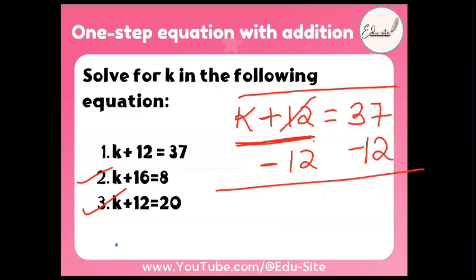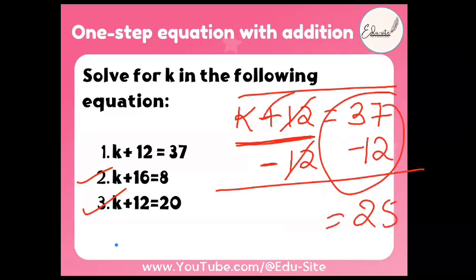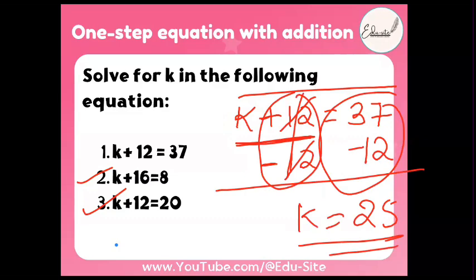Plus 12 and minus 12 cancel out. 37 minus 12 is nothing but 25. You've said it right. What's left here? There's nothing left, so it is just k is equal to 25. This is the procedure to solve it. It should be step by step so that it gets easier. You cannot directly go and solve 37 minus 12 here, beta. You just have to follow a procedure.